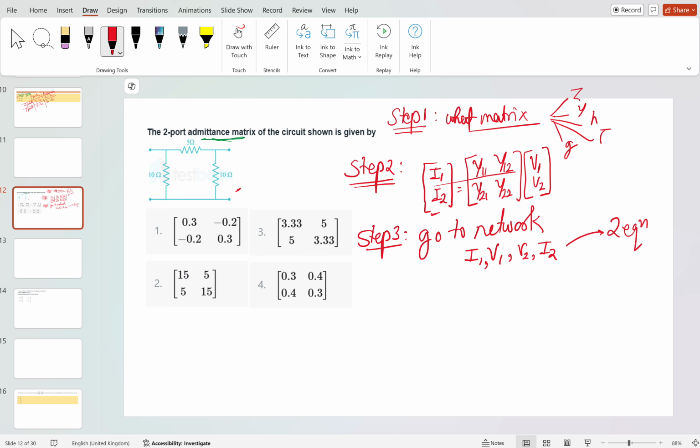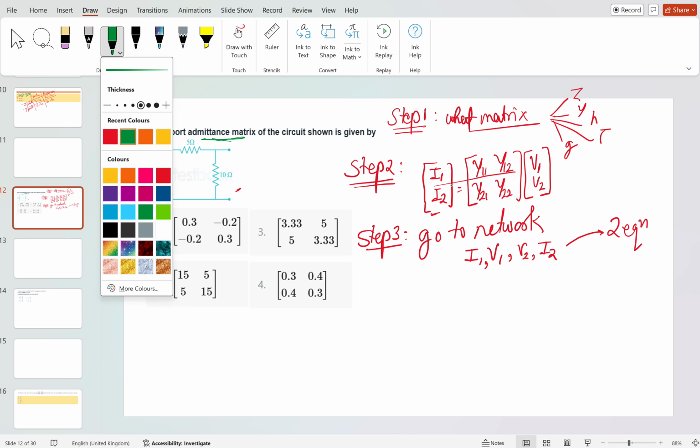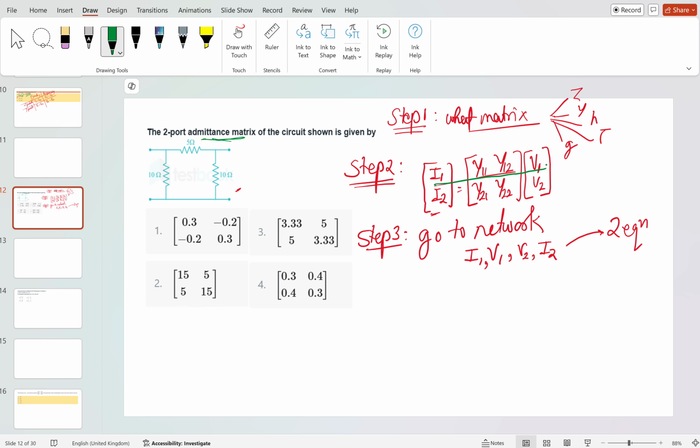Because here also you will form two equations: I1 is equal to Y11 times V1 plus Y12 times V2. And similarly, you will get the second equation, I2 is equal to Y21 V1 plus Y22 times V2. So these are the two equations basically.